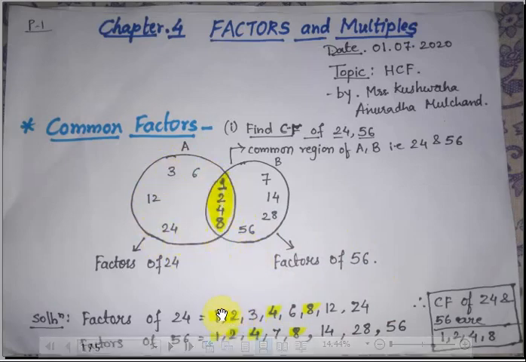So these are common between both the numbers. These are called the common factors of 24 and 56. Now let's take another example to make this concept clearer.